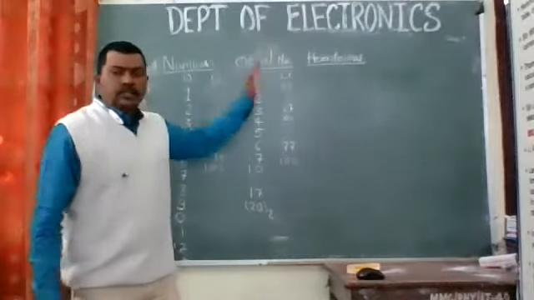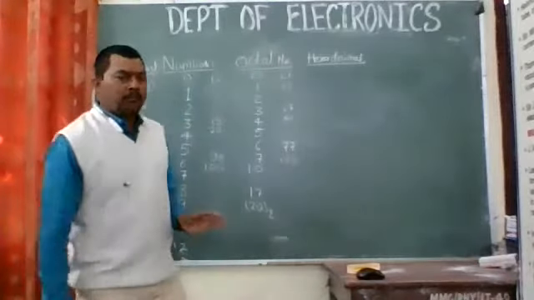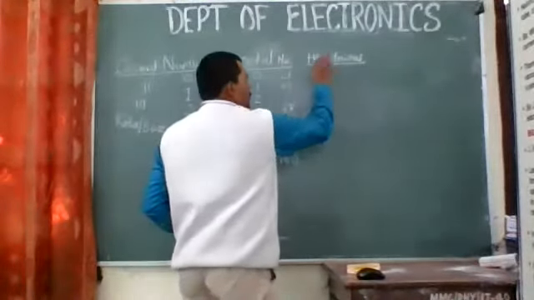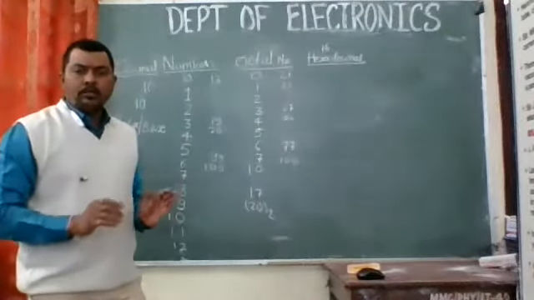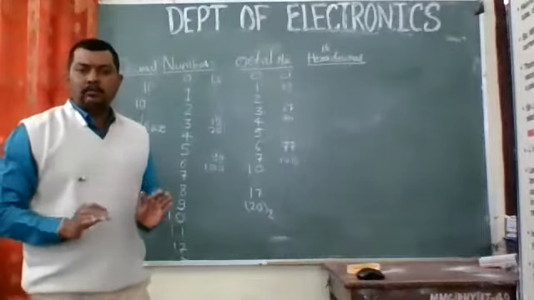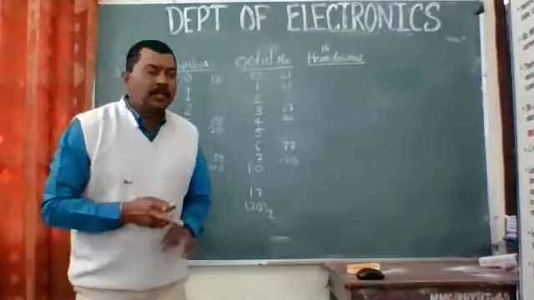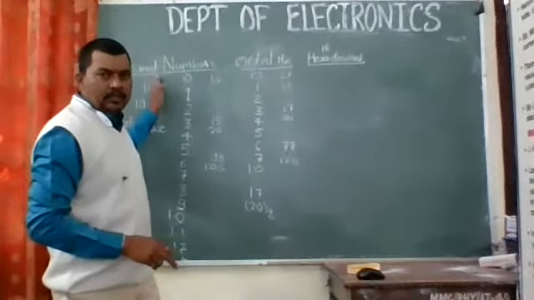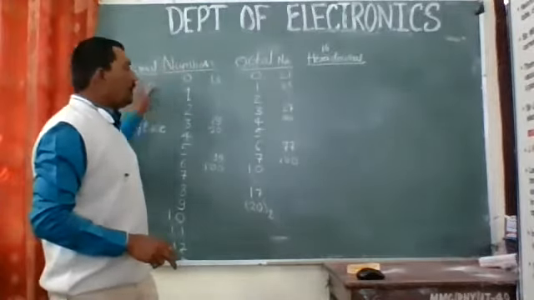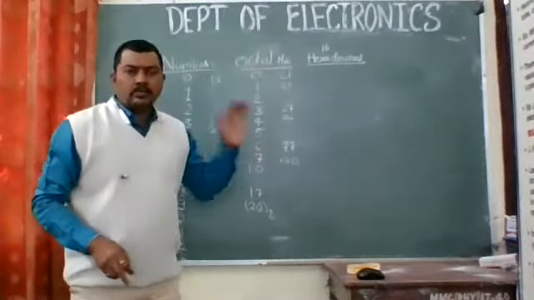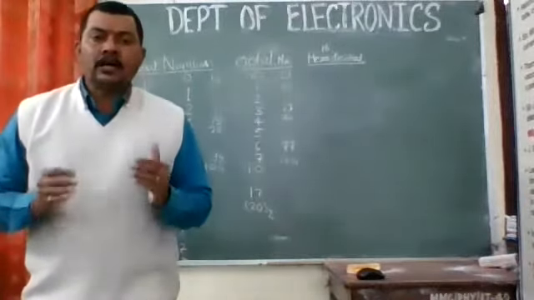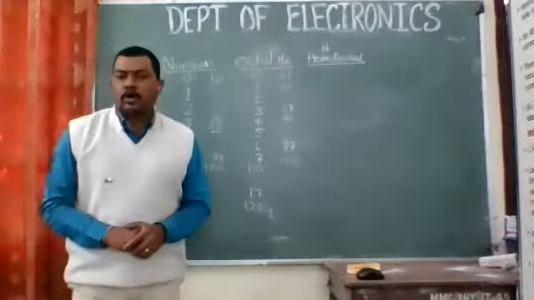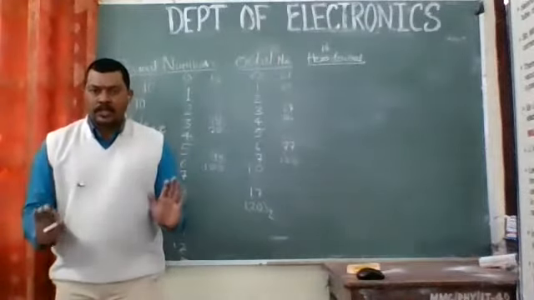So the radix or base of a hexadecimal number system is 16. Remember this. We have the first one as decimal, whose radix or base was 10. The octal number system, whose radix or base was 8. And now we are studying the hexadecimal number system. The radix or base is 16.